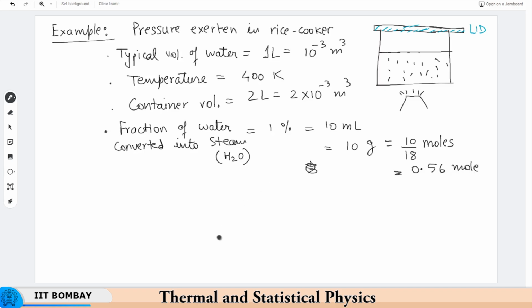Now all we have to do is plug these values into the ideal gas equation. Remember, the ideal gas equation is PV equals mu RT.